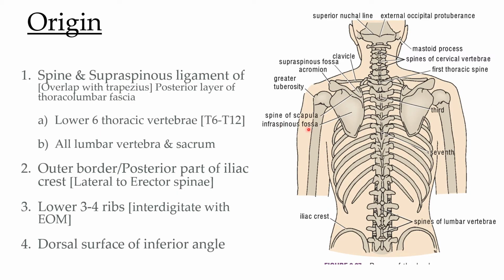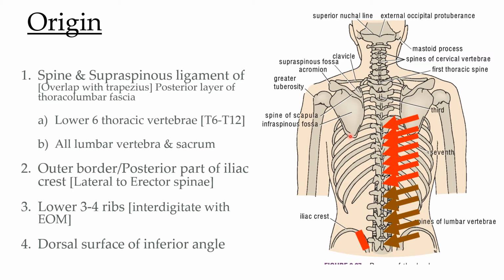Latissimus dorsi takes origin from the spinous process and the supraspinous ligament of lower 6 thoracic vertebrae, that is from 6th to 12th thoracic vertebrae, and of the spinous process and supraspinous ligament of all the lumbar vertebrae and sacrum.